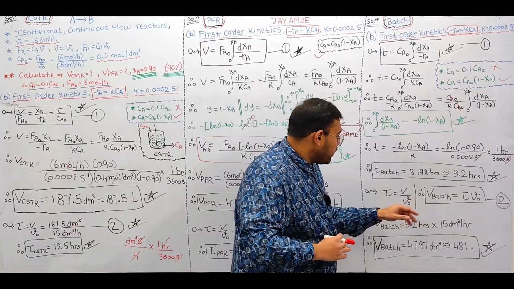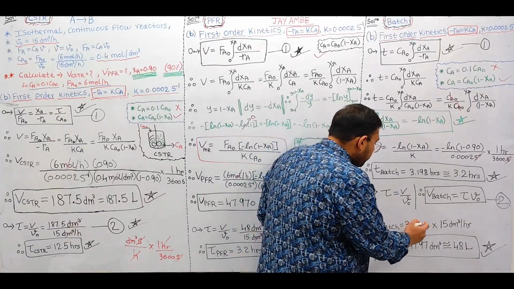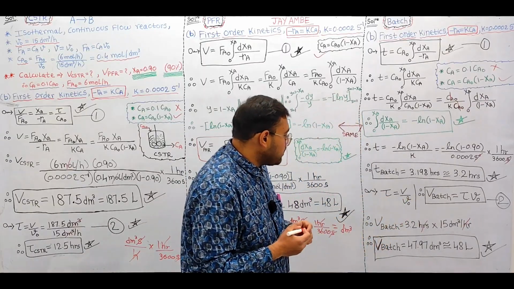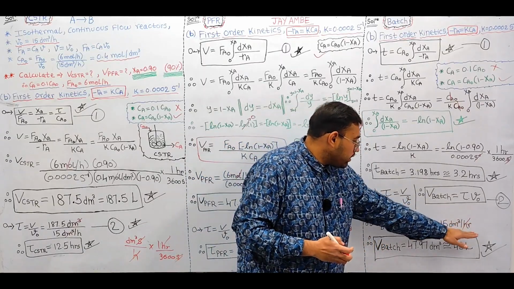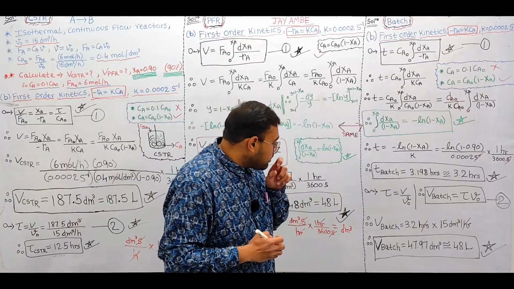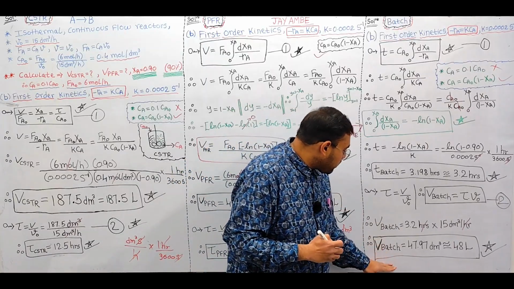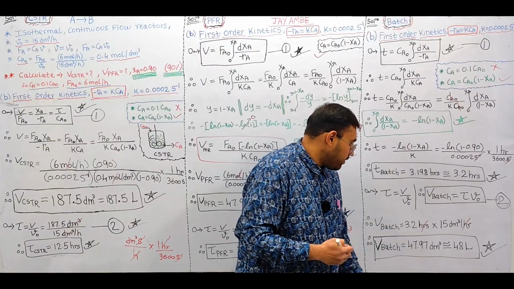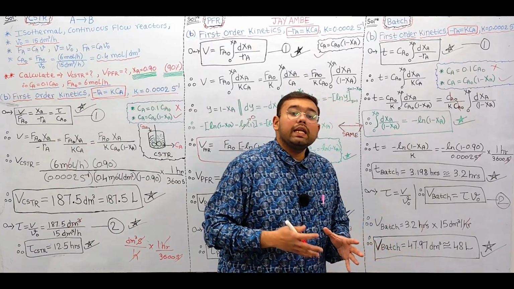So here in the numerator we have hours and in the denominator we have hours, so hours will be cancelled off. By solving this, we'll get the answer as volume of batch reactor is equal to 47.97 cubic decimeter, which is equal to 48 liters.